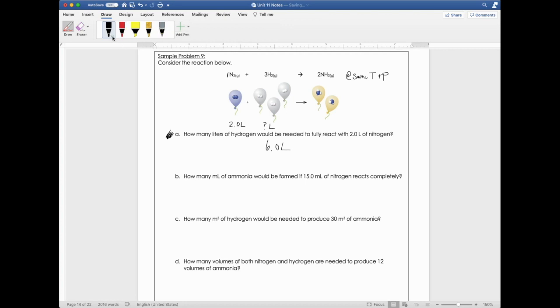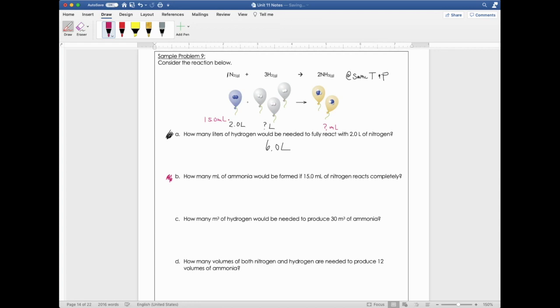Let's try B. And again, these are easy because those pressure and temperature conditions aren't changing. Let's solve this one in pink. How many milliliters of ammonia would be formed if 15 milliliters of nitrogen reacts completely?